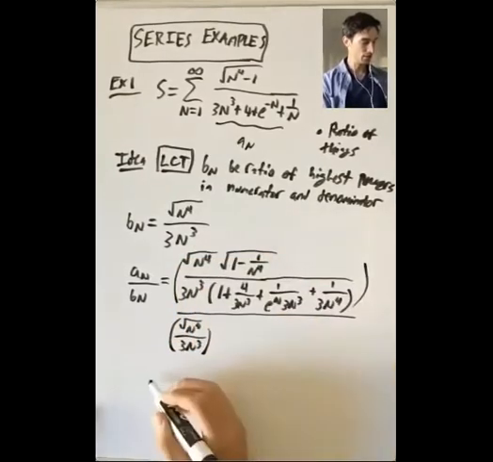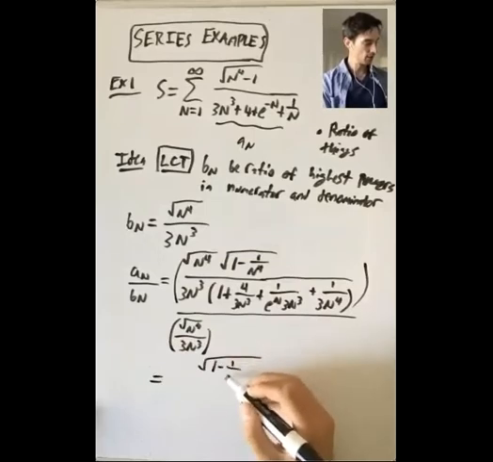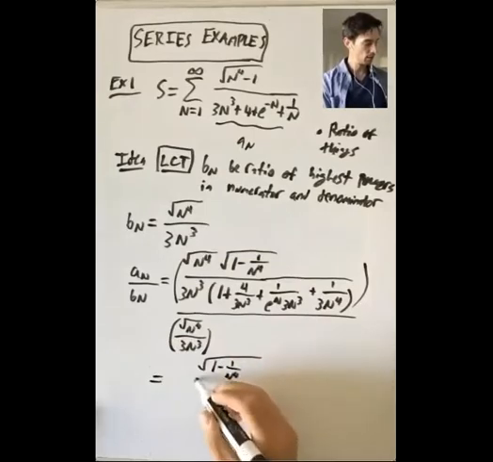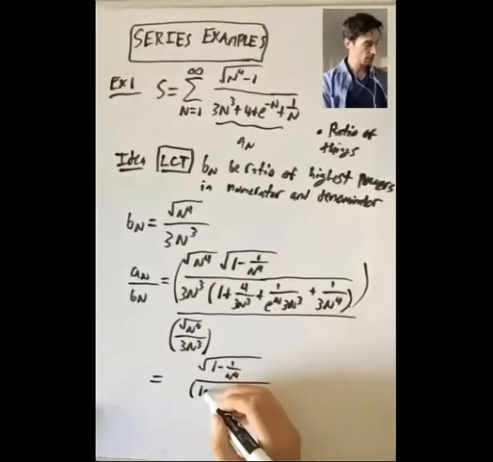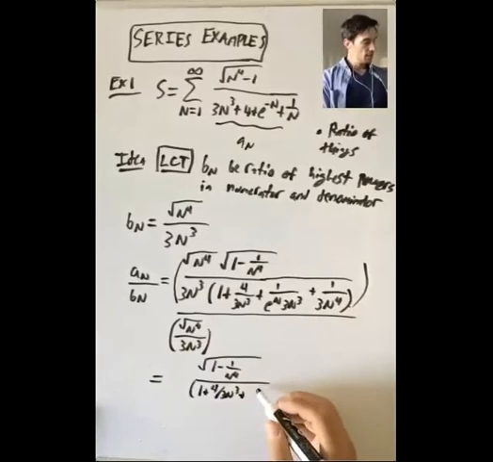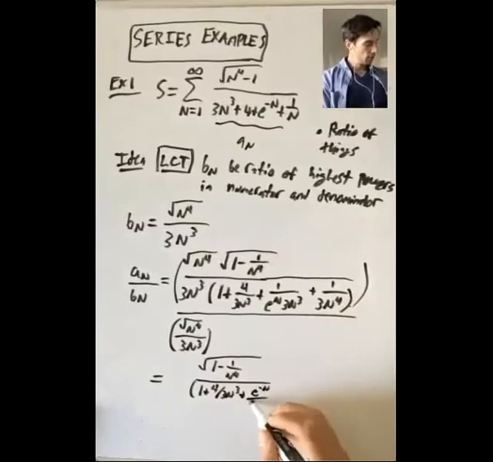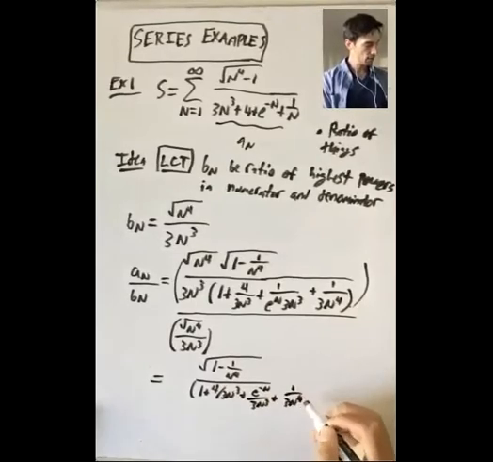Okay, so what is this ratio equal to? The square root of 1 minus 1 over n to the fourth divided by this whole thing right here: 1 plus 4 over 3n cubed plus e to the minus n over 3n cubed plus 1 over 3n to the fourth.